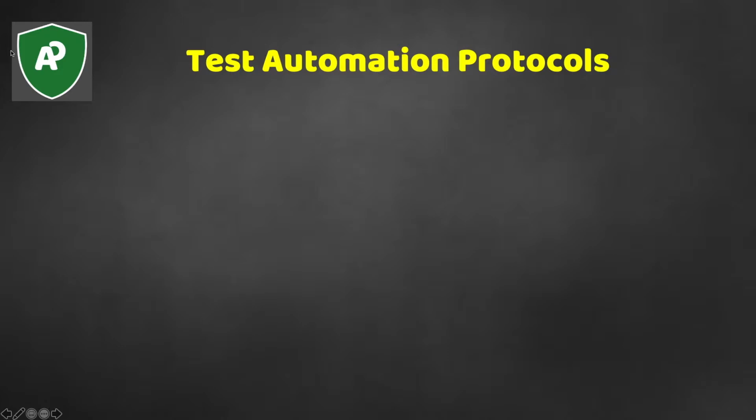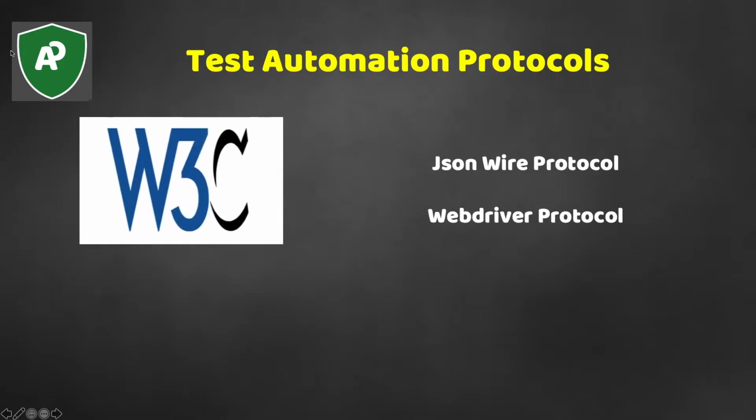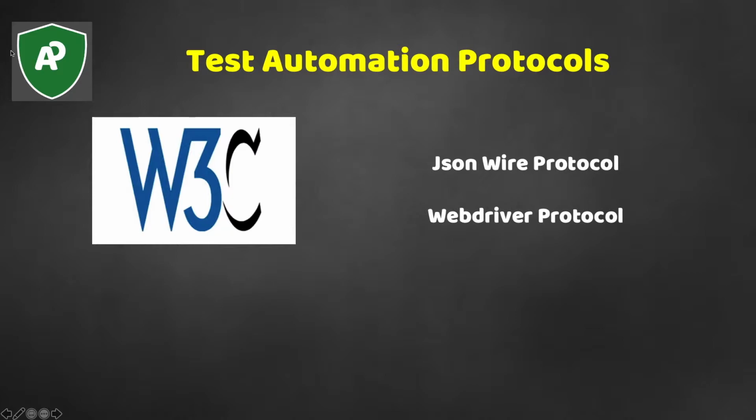Here we'll primarily see about three different protocols, of which I'd like to explain two in detail. The first one is the JSON Wire Protocol and the next one is the Webdriver Protocol. Both of these protocols were developed by the W3C, the Web Consortium, which is the governing body of how the standards have to be for any web development in the World Wide Web.